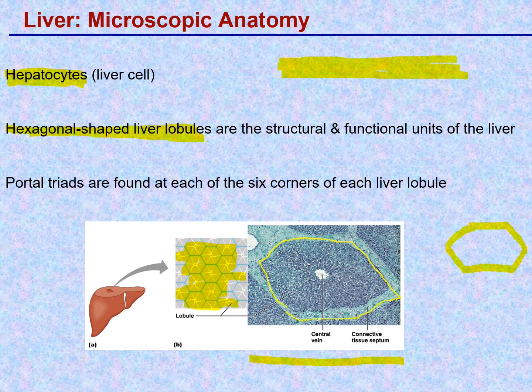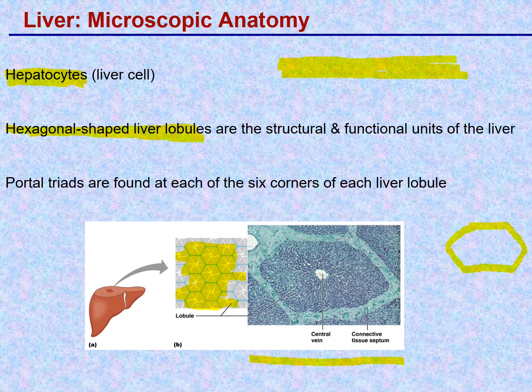Okay, so that's absent in the human. Each liver lobule in a human is adjacent to the next one. So these two would be touching each other in a human. That band of connective tissue would be absent in a human liver. So I can tell you that this comes from some animal other than a human.